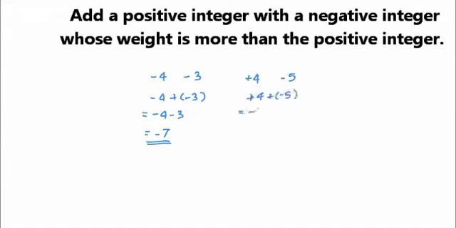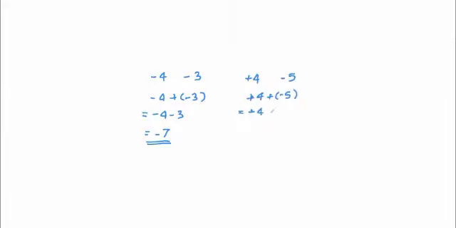So what I get is +4 plus minus results into -5, and plus and minus here means it's a subtraction. So if I do subtraction, 5 minus 4 is equal to 1 here, and the sign of the greater number, which is 5 here, is minus, so -1. So I get a negative integer. So these are the two ways to find two integers whose sum gives a negative integer.